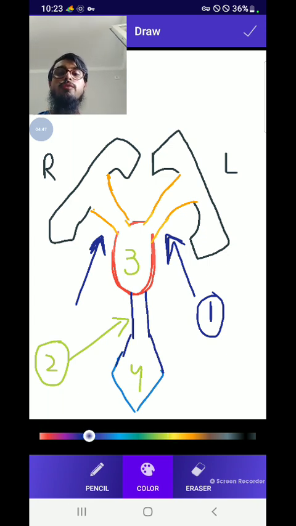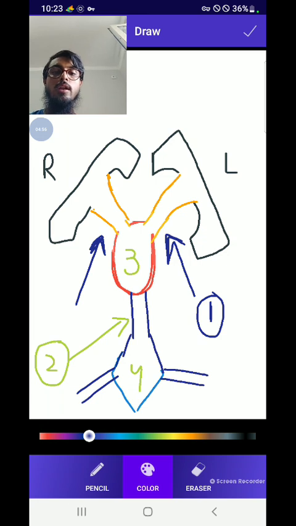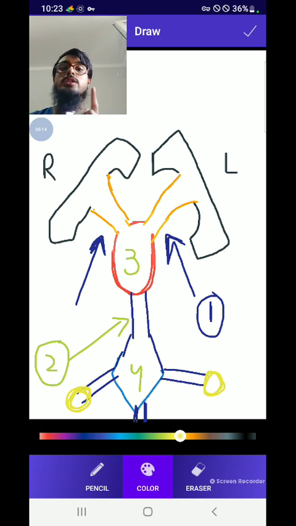And now from the fourth ventricle there are three openings: two lateral openings and one inferior opening. What are the connections of these openings? The two lateral openings enter into the subarachnoid space of the brain, where cerebrospinal fluid floats all around the brain.